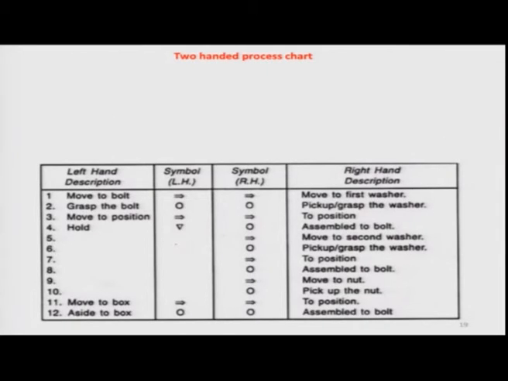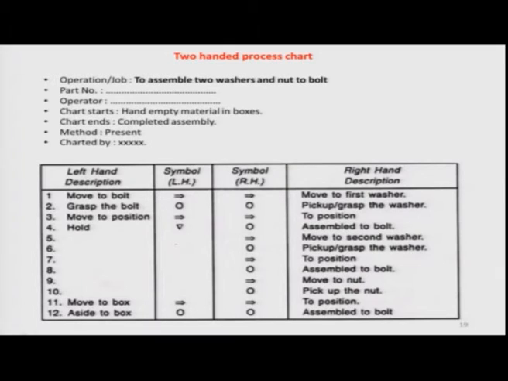Now, the second one is the two-handed process chart. Here again I am going to take an example and explain how a two-handed process chart is made. I am taking the example of assembling two washers and a nut to a bolt.